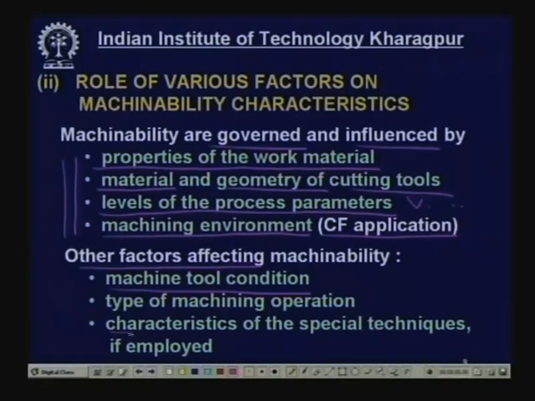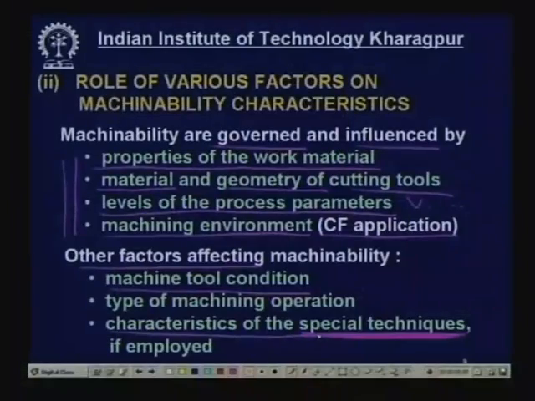Is it rough machining or bulk machining or finish machining, or is it turning, or thread cutting, or reaming or drilling, like that. Characteristics of special techniques: sometimes we apply special techniques. In my previous lectures, I told you about several special techniques like cryo machining, stretch machining, dynamic machining, hot machining, magneto machining, etc. Application of these techniques, and all the aspects of how we apply them, will also affect the machinability of the product.